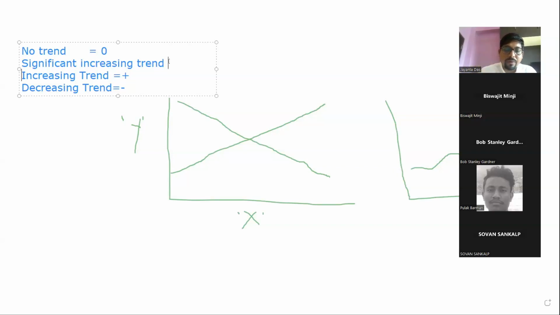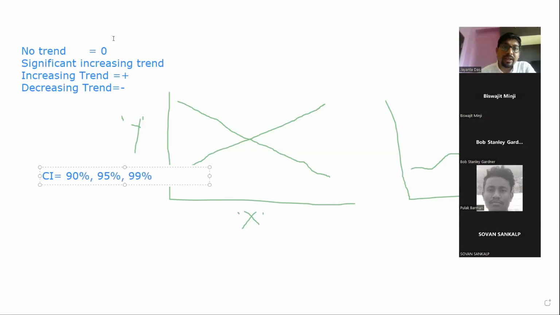Now, if you consider a significant increasing trend, then you have to consider your confidence interval. It may be 90%, or it may be 99%. You can check the 90% confidence interval, you can check the 95% confidence interval, or you can consider both.